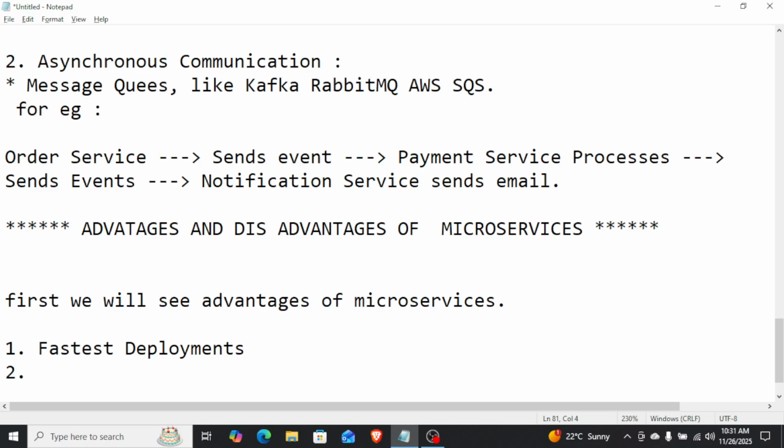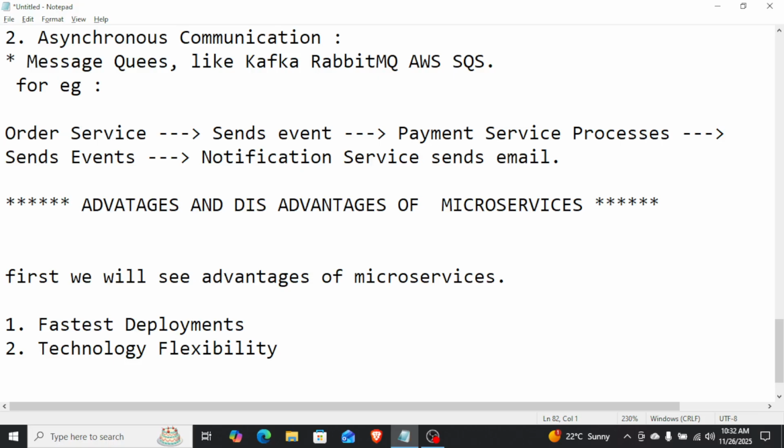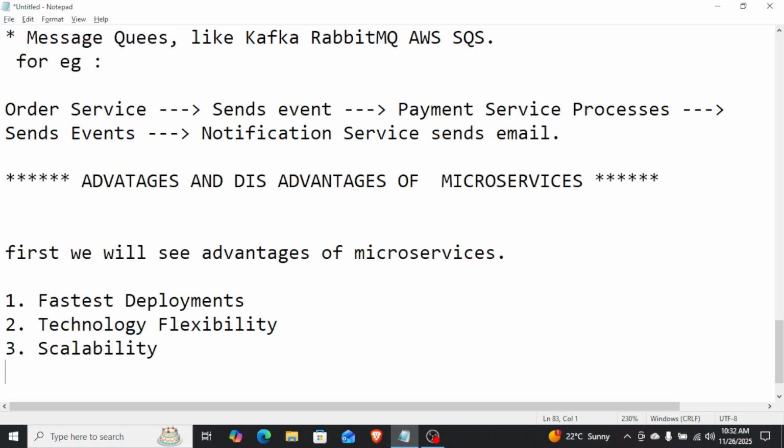Second advantage is technology flexibility. Third is scalability. Fourth is fault isolation.